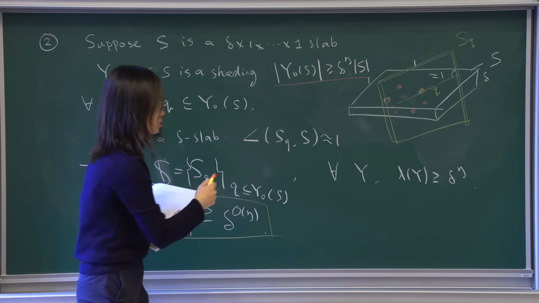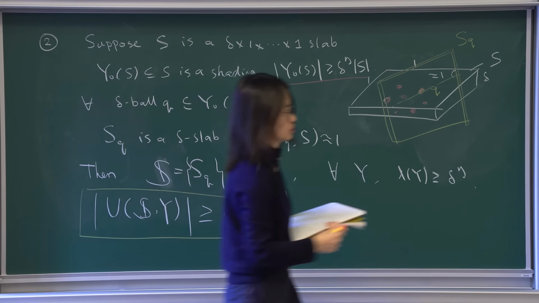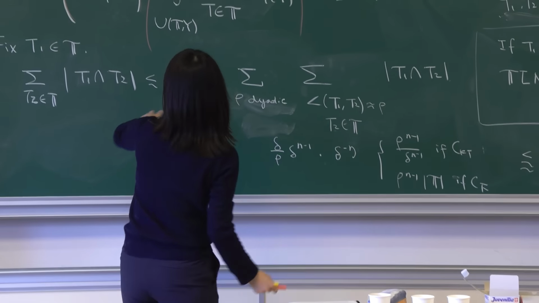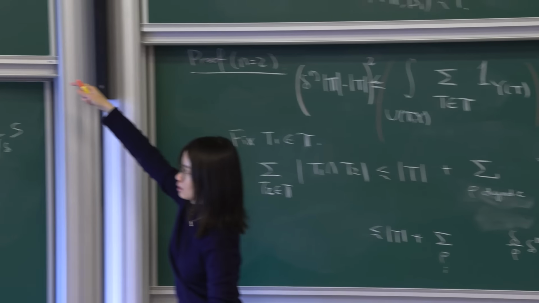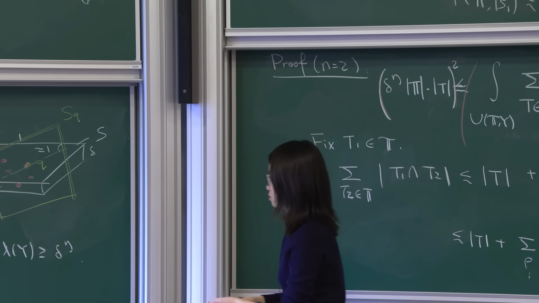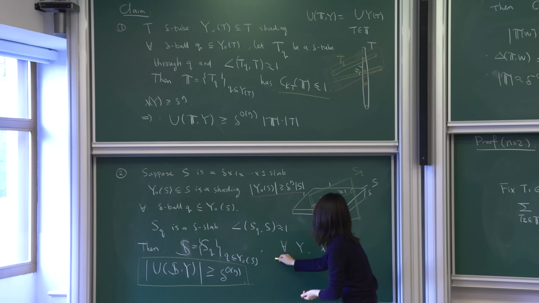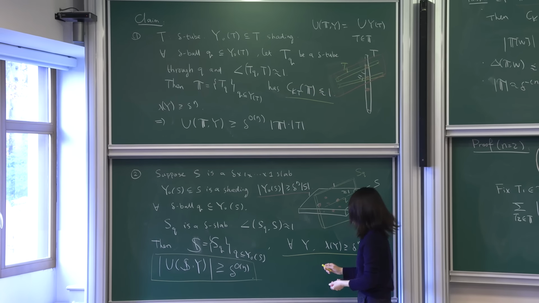The proof is also L2, so the same proof, but it uses this proof and also part 1 of the claim. So the way we do it is to split into 2 parts. I'm going to just sketch the idea.